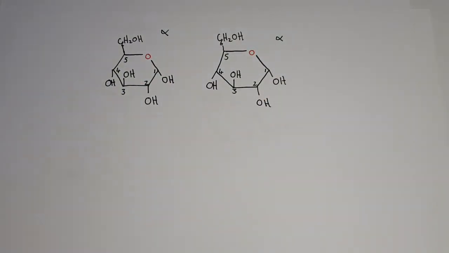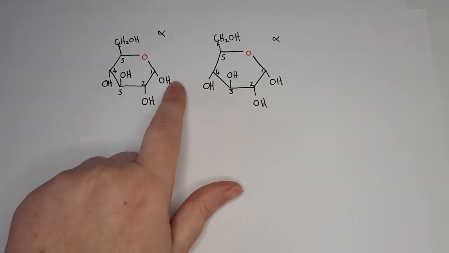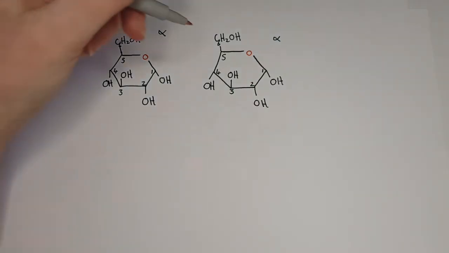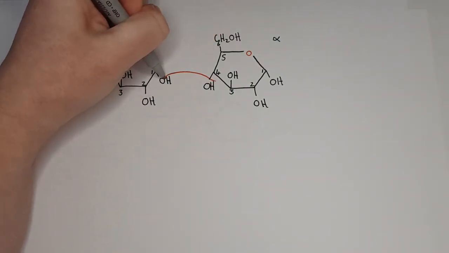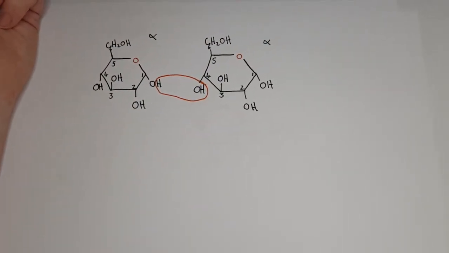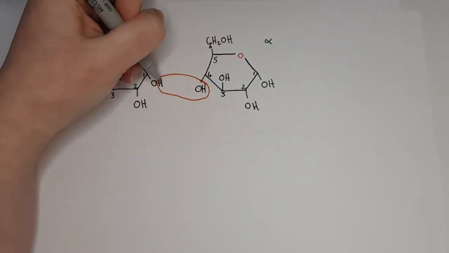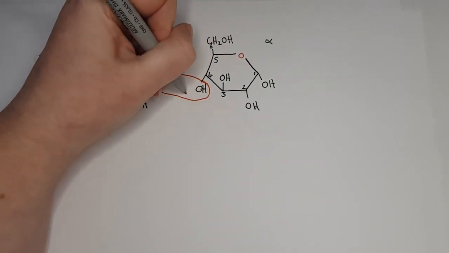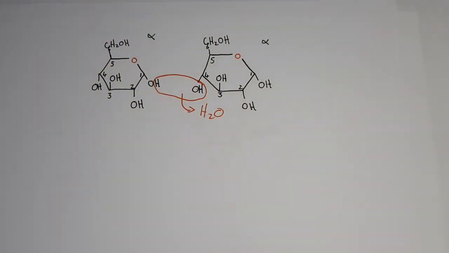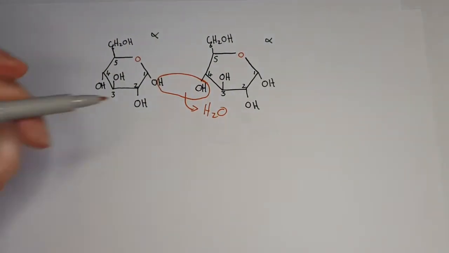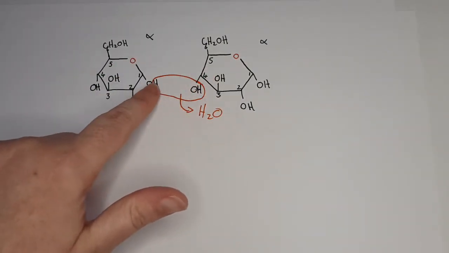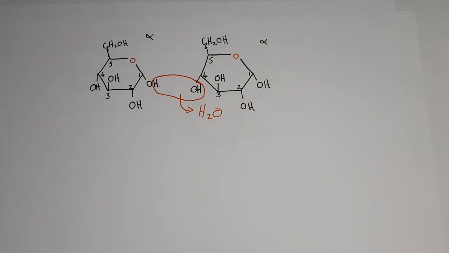And because they are in the same orientation, like here, they're both facing downwards, they can line up close enough that those can join together, and that can come off because there's an H and an OH that can come off as H2O, so as water. So now, with that coming off as water, it means this ring joins to that ring with an O in the middle.